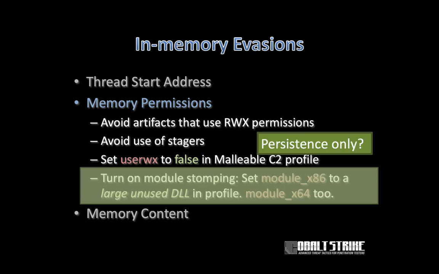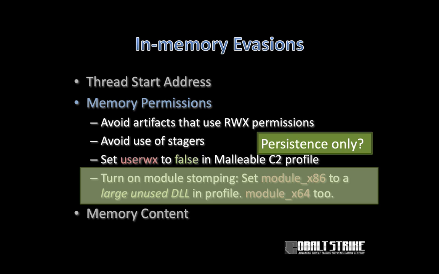I want to caution you, module stomping is a footgun. If you choose a module that one of your process contexts needs to load later, and it instead references your stomped module, it will crash. Module stomping has some protection. For example, if the stomped module is already present when your Beacon is loading, Beacon will resort to the old behavior of calling VirtualAlloc.